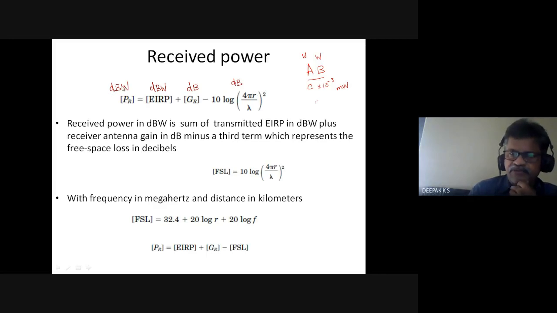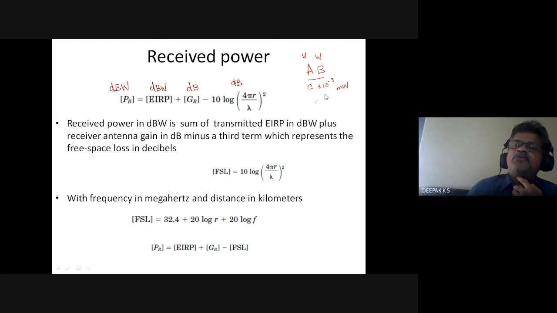Last class I told everything can be in dB, or one among these can be a dBW or dBm or dB microvolt. Then this whole thing becomes dBW or dBm or dB microvolt, because you are multiplying two values in a linear scale and dividing by another value in a linear scale.